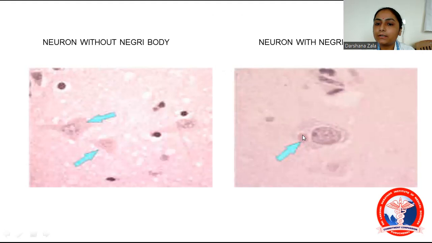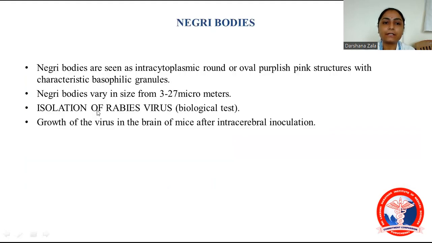If you see, there is an oval pinkish-purplish structure, that is the Negri body, which is not seen in the normal neuron. So Negri bodies are a classical feature for diagnosing rabies infection. Negri bodies vary in size from 3 to 27 micrometers.